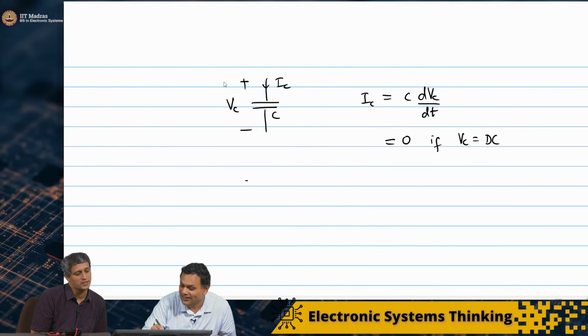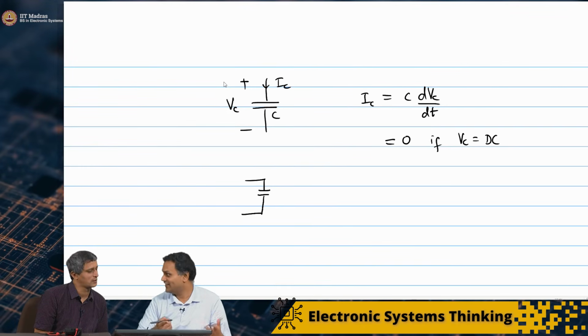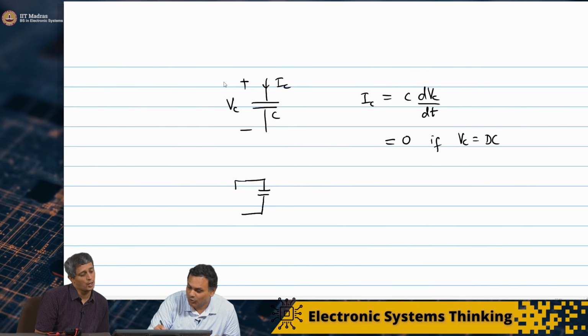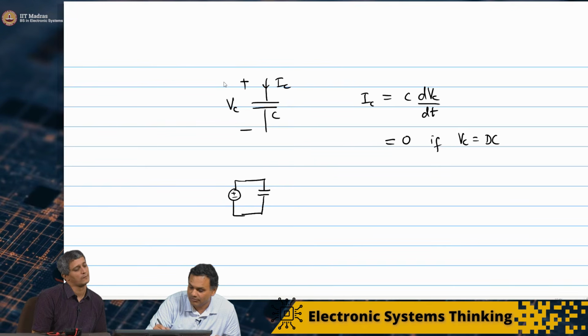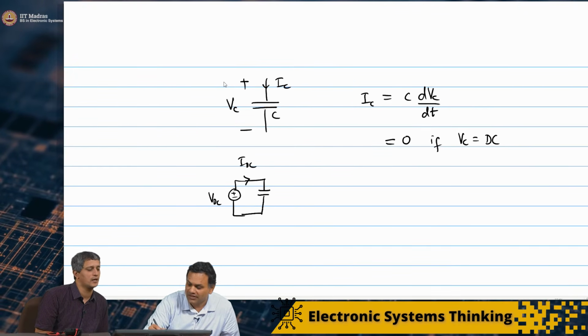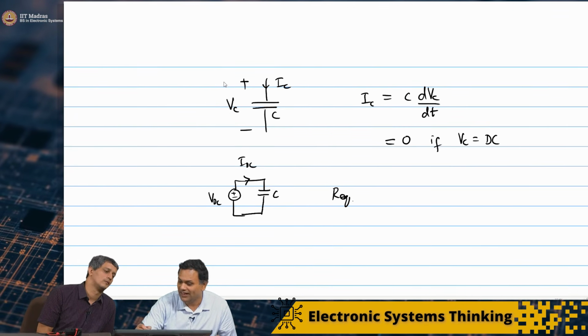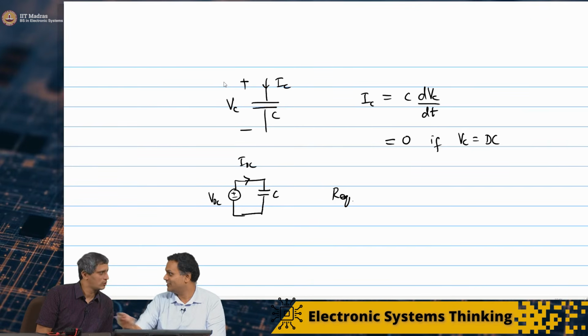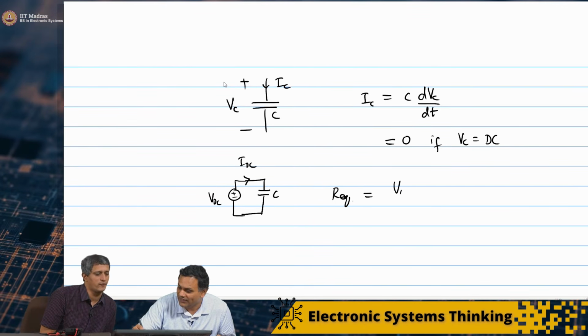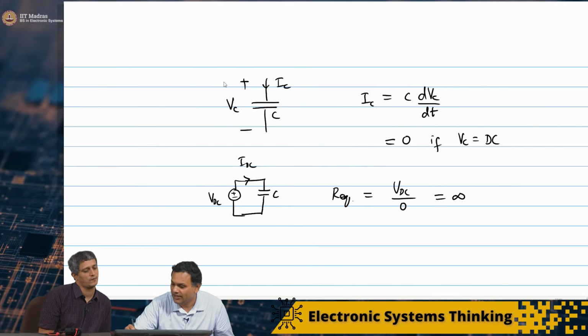Suppose I try to measure the resistance of a capacitor in this fashion: I connect a VDC and try to measure the IDC, and IDC is 0. So if I took a capacitor and measured it with an ohmmeter, whatever VDC I apply, I get a current of 0. So the R equivalent will be infinite.